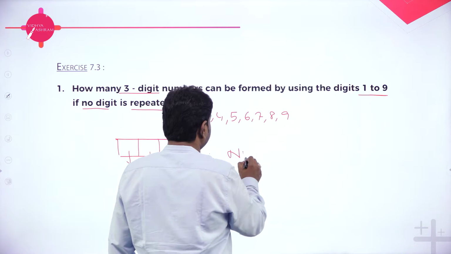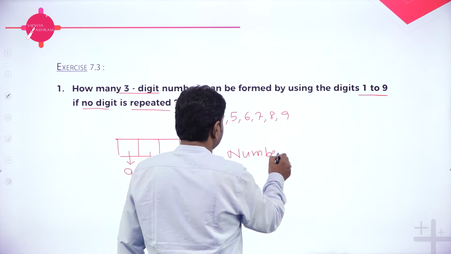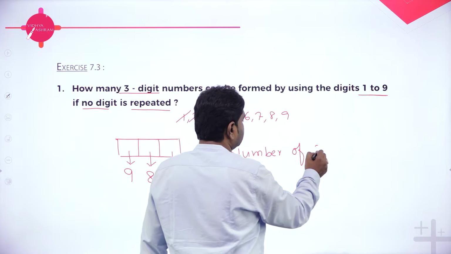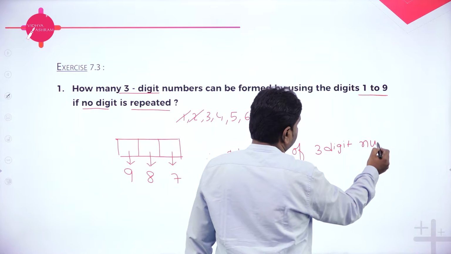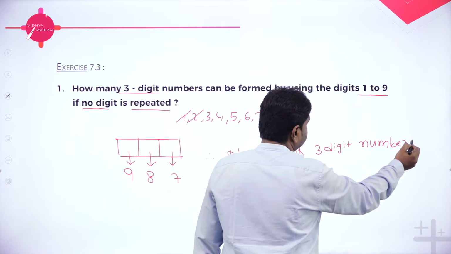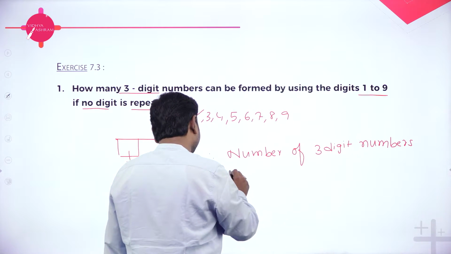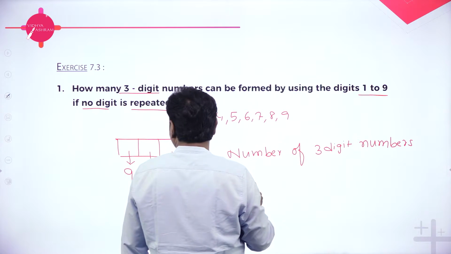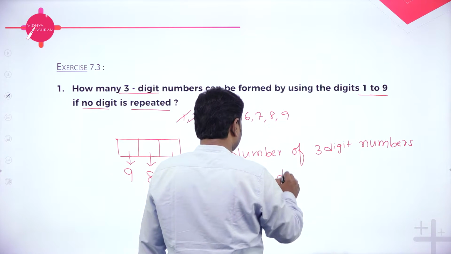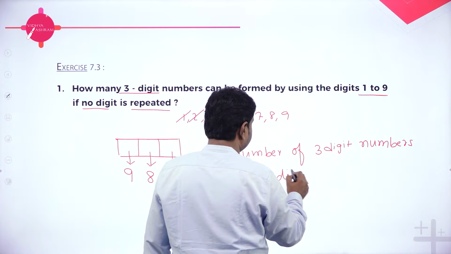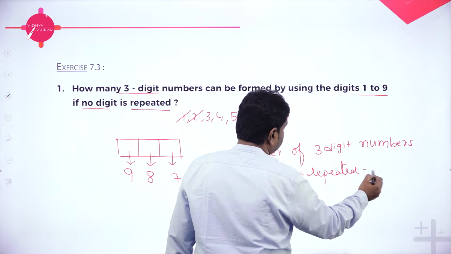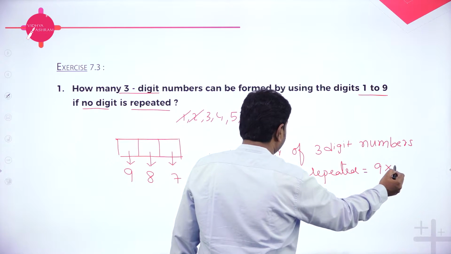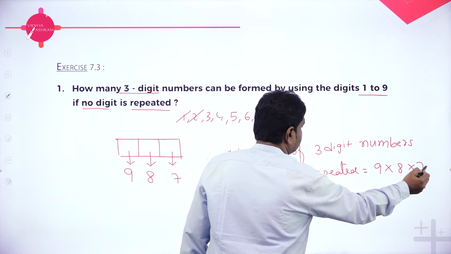So the number of 3-digit numbers without repeating any digit is equal to 9 into 8 into 7.